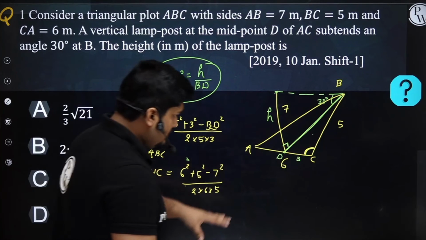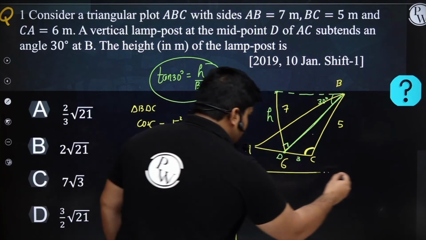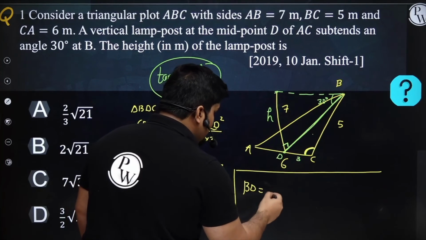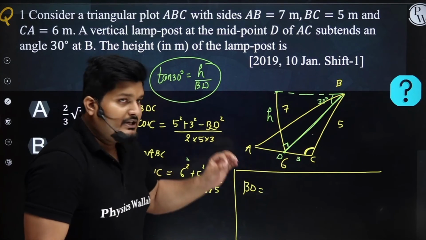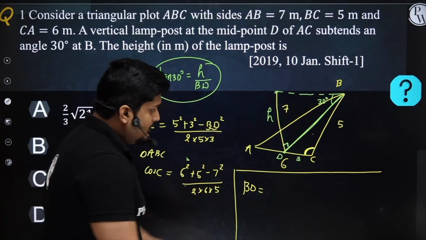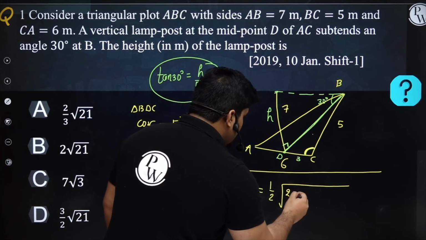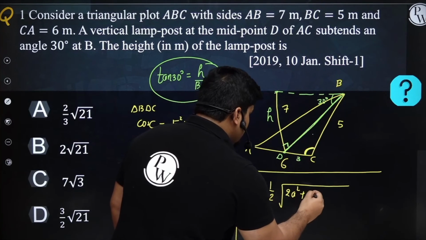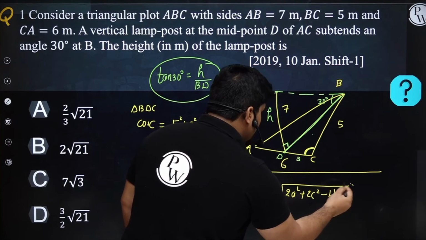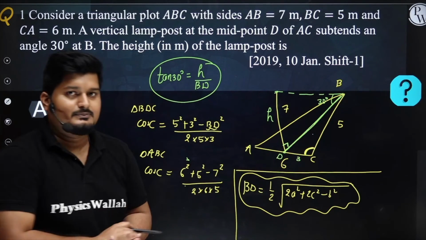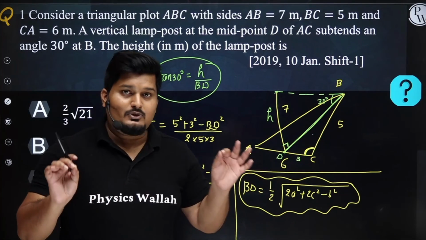Or I'll give you the direct result. The length BD is the median from vertex B. This will be 1 by 2 of the square root of 2a square plus 2c square minus b square. If you remember this formula, that is going to help you a lot.